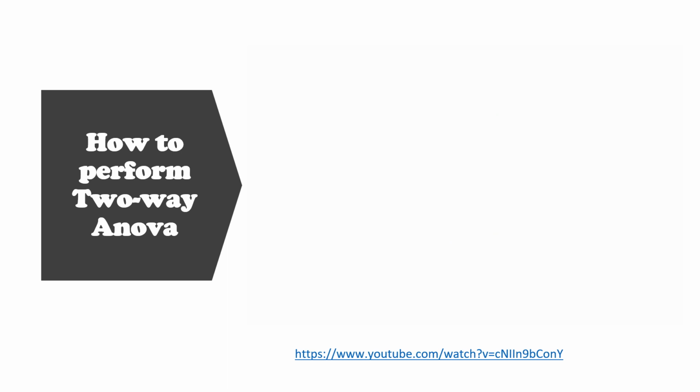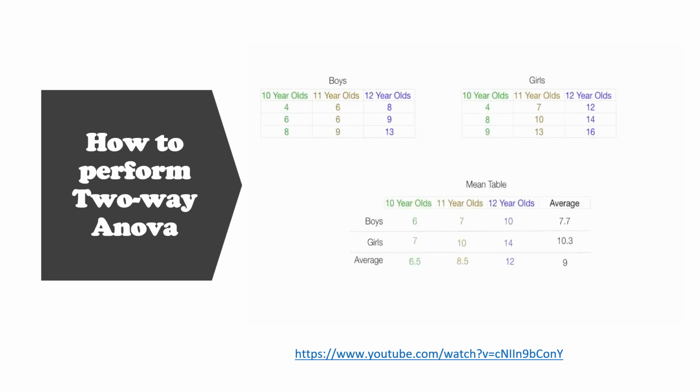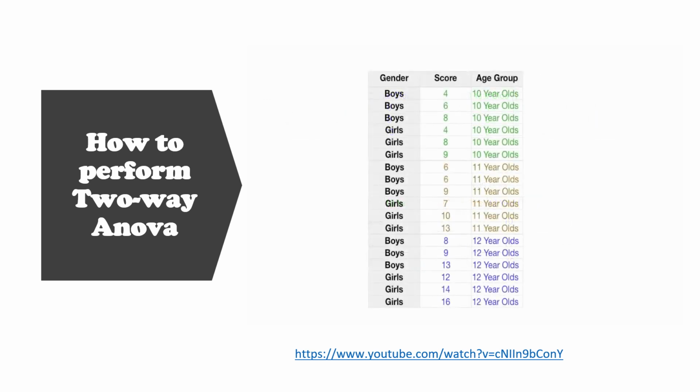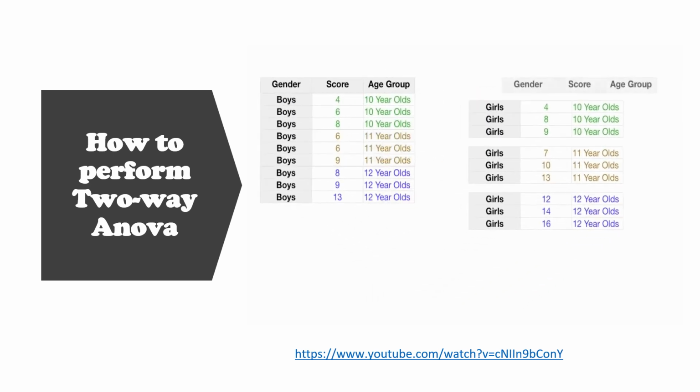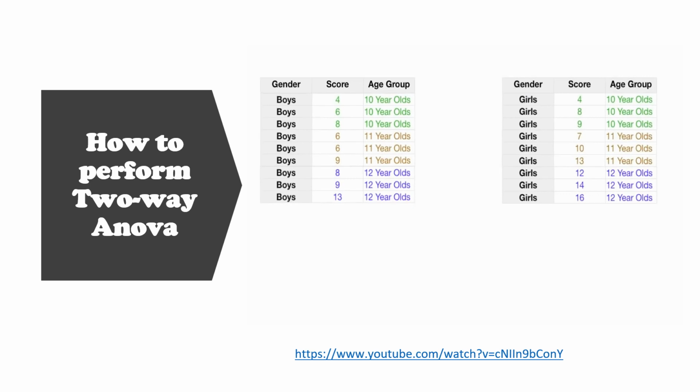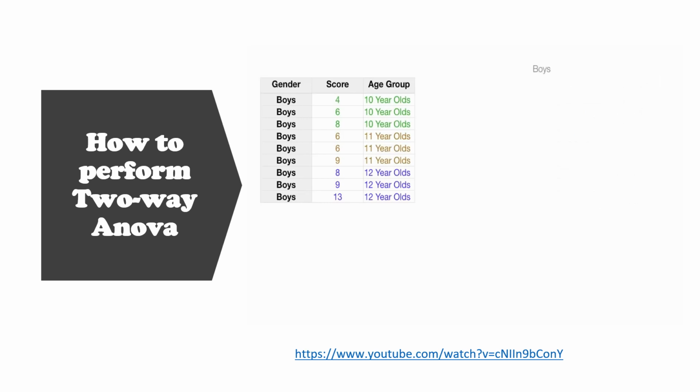I'm going to take my data and I'm going to create 3 different tables. And this is going to help me work with the data and manipulate the data quite a bit easier. So let me just organize the data. The first thing I'm going to do is organize it by boys and girls. I'm going to take the boys' data and create its own table with that.